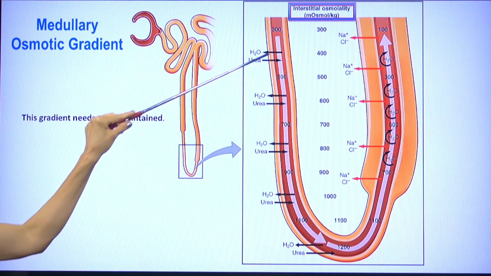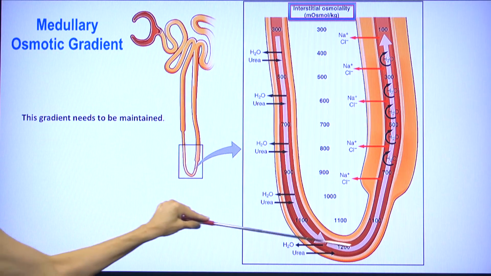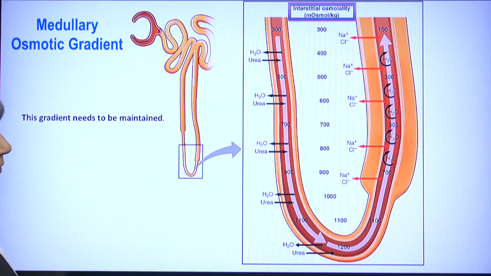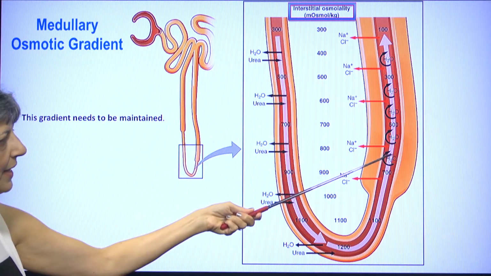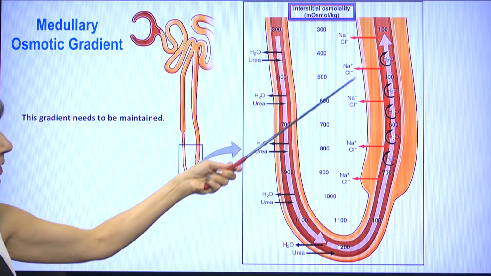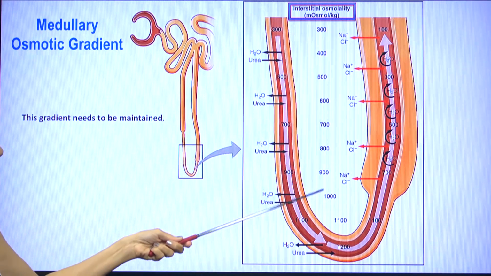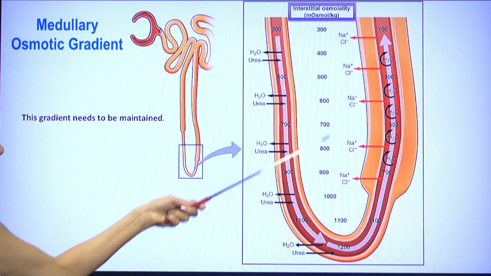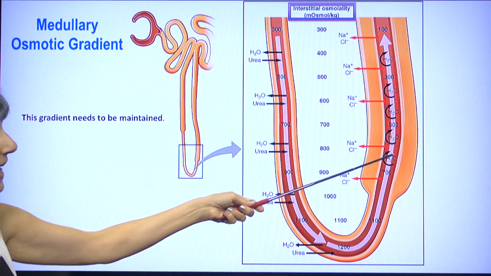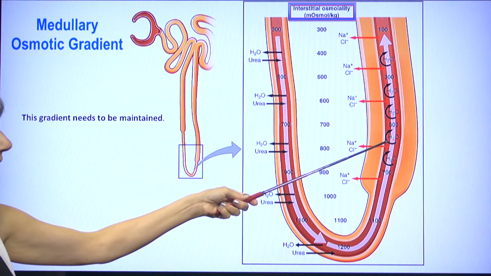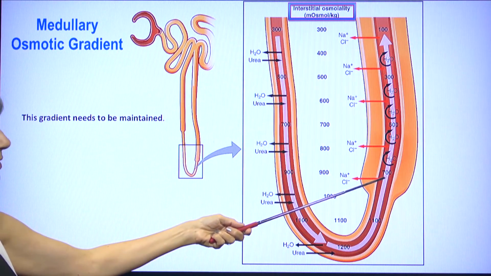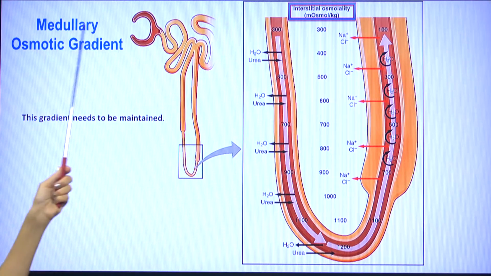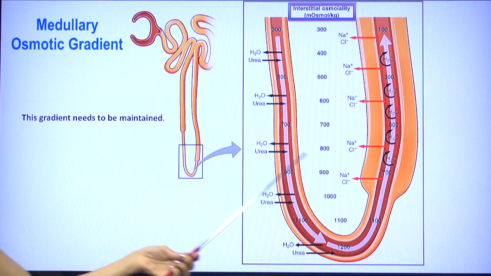Let's look inside my descending limb of the loop and the ascending limb of the loop. As we go up here, remember, water stays in, few solutes are pushed out, and there is a difference in the osmolarity in the interstitial fluid and inside the ascending limb. If I look here, you don't need to memorize numbers, but just to show you there is a gradient, there is a difference.